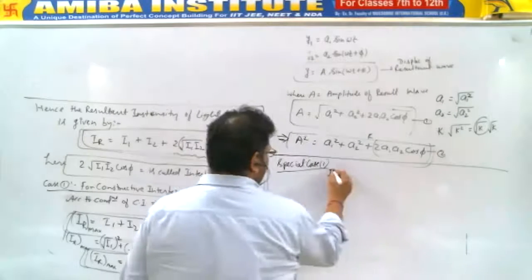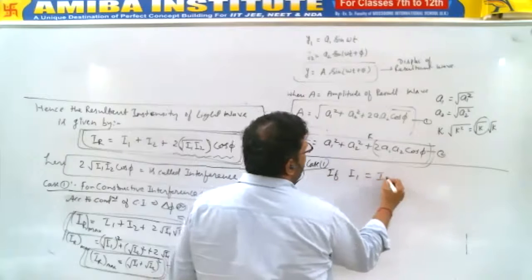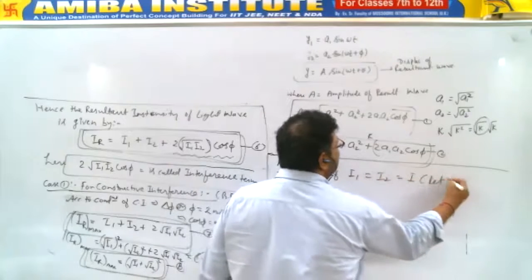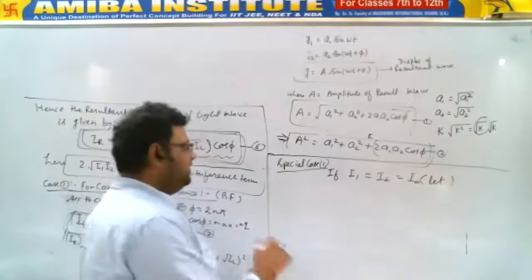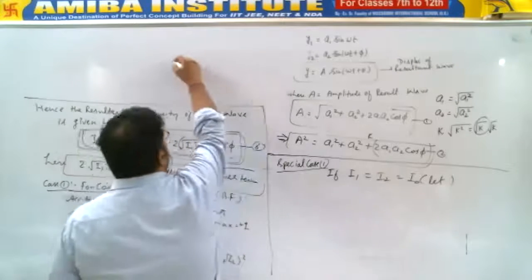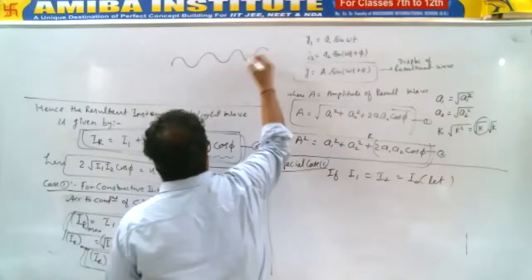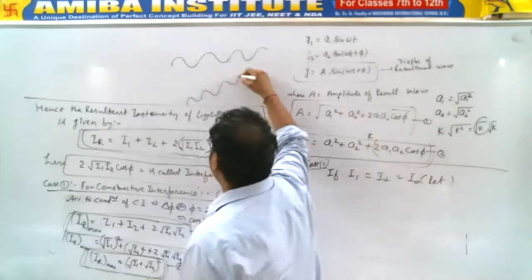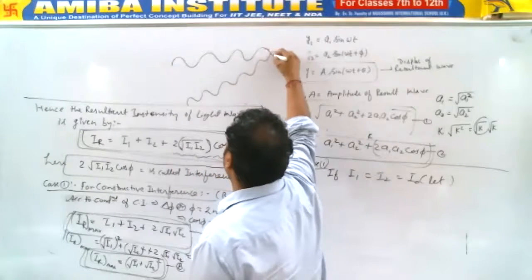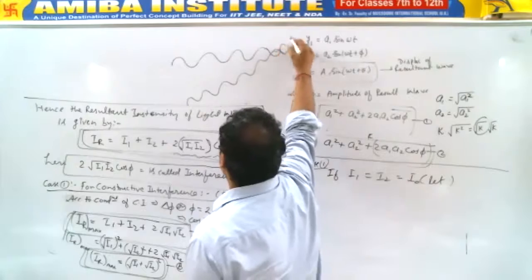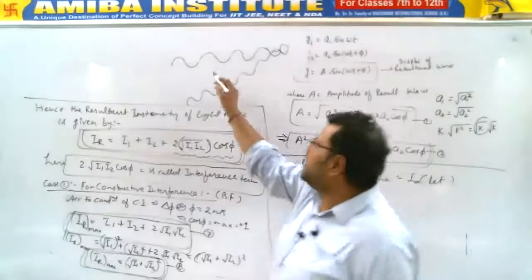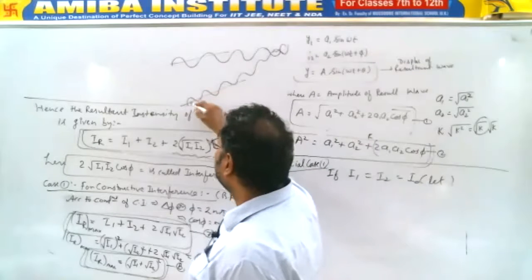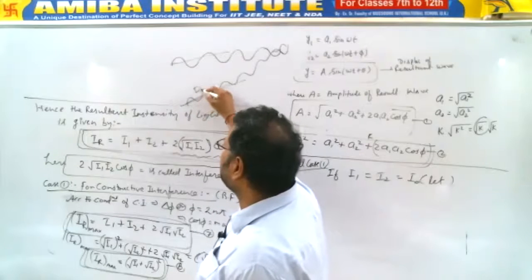If I1 is equal to I2 is equal to, let's say, I naught. If whatever two waves are about to interfere, about to superpose and give us the concept of interference, let's suppose both have the same intensity, I naught.